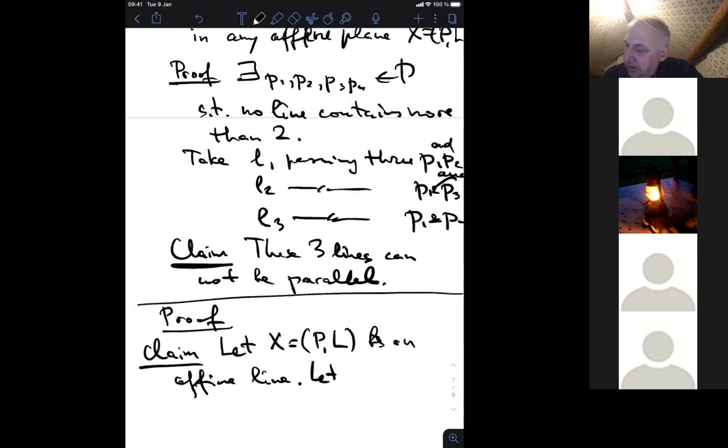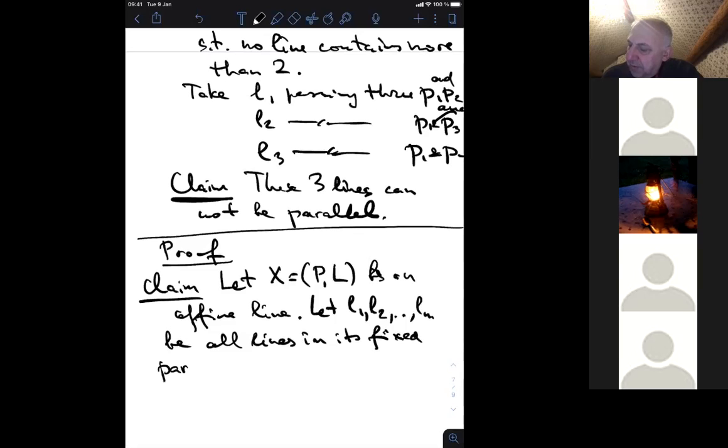Let L1, L2, ..., Lm be all lines in its fixed parallelity class. We fix one of the parallelity classes and look at all lines belonging there.